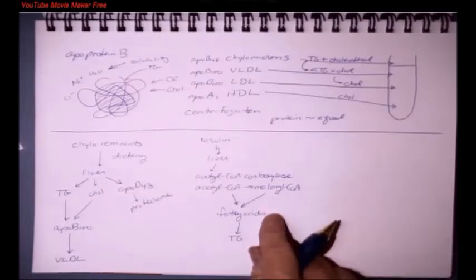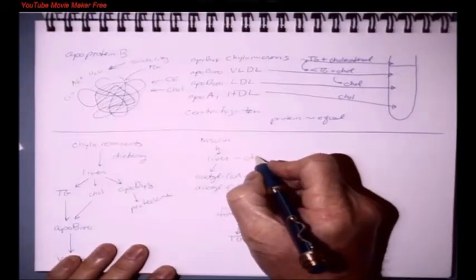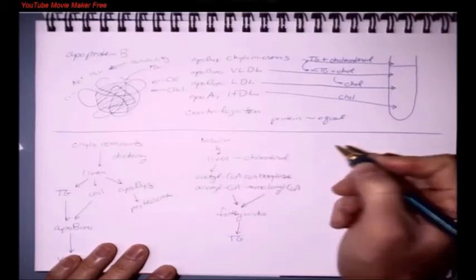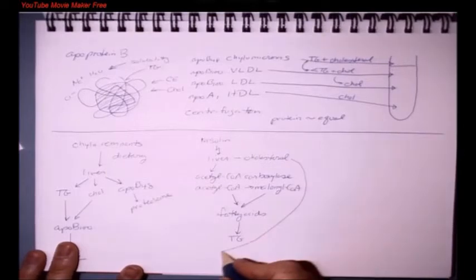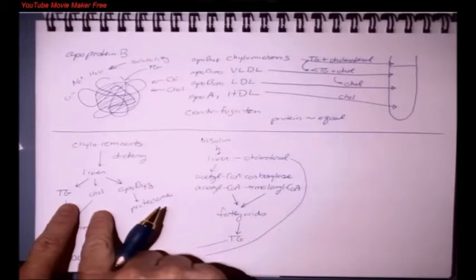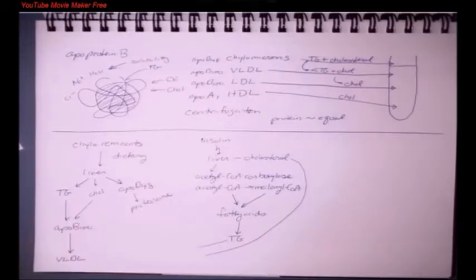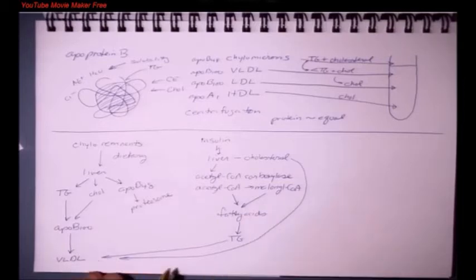And so what we're also going to do in the fed state is make cholesterol, if we need it. So together, the cholesterol and the triglycerides will be mixed with our dietary triglyceride and cholesterol into the VLDL particle for delivery to extrahepatic tissue. So this is the path that is going to prevent us from developing hepatic steatosis.